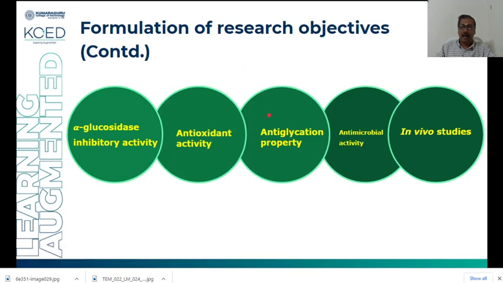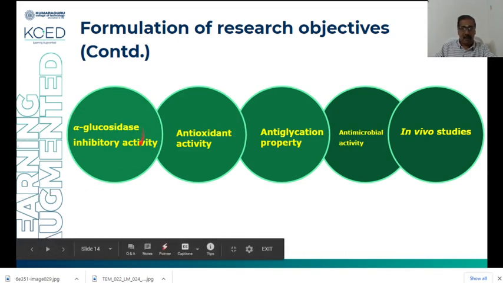Investigation of anti-diabetic property is connected. First, I can study the in vitro alpha glucosidase inhibitory activity. I can see whether my plant extract or marine extract or fungal extract or bacterial extract, whatever it may be, possesses alpha glucosidase inhibitory effect. I can look, I can analyze.